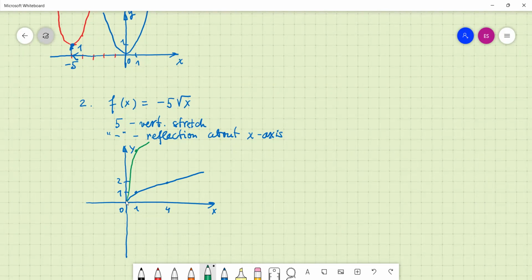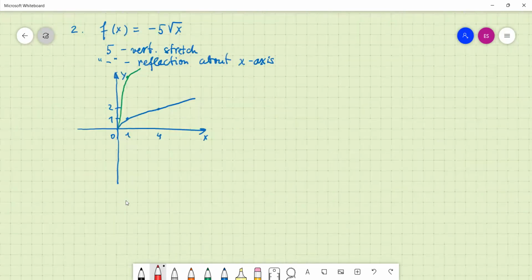Okay. What should I do next? Well, next is reflection about the x-axis. Reflection about the x-axis means that it's going to be -5 here. The point which was 2 is going to be -10. So that's -5, 6, 7, 8, 9, 10.